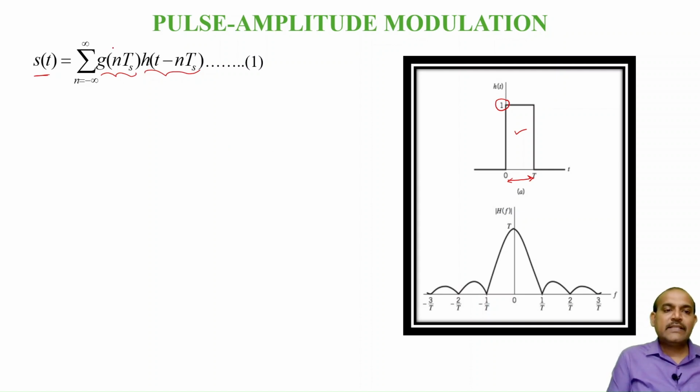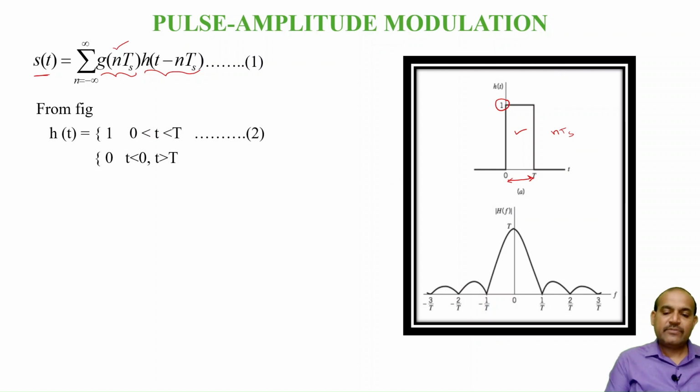Since all these samples have to be multiplied with the pulses, I will shift h of t for every interval of nTs.